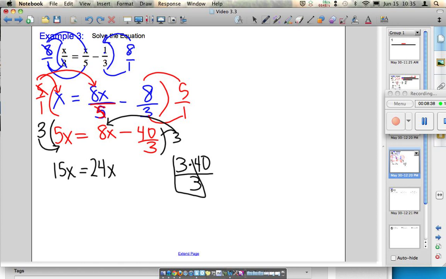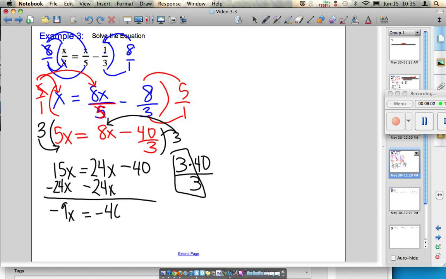The 3's would make a nice 1, and I'd be left with 40. So this took me a few more steps, but if you're not sure what to do, just start with something. Get rid of one of the denominators. Now I'm just going to solve like normal by subtracting. And it looks like I'm going to get negative 9x equals negative 40.